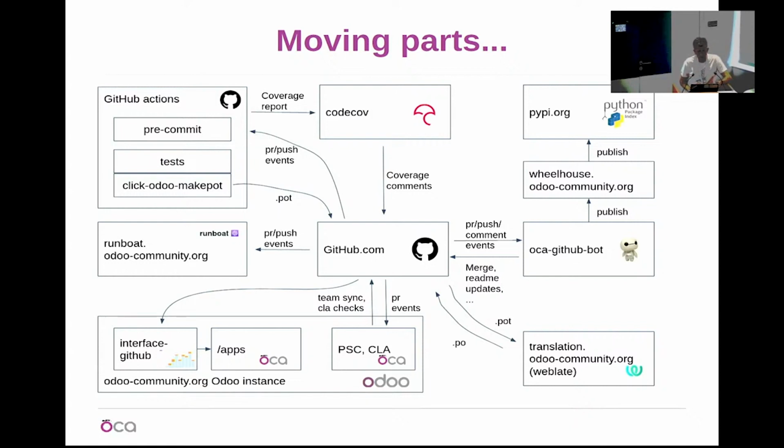That's one of the things that the merge command of the GitHub bot is doing. So when the tests are successful, it is going to do several things actually. It is going to first regenerate the POT files to get the newest terms in the module.